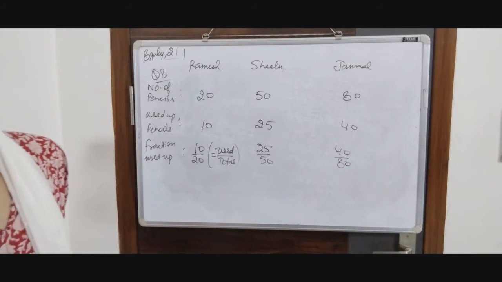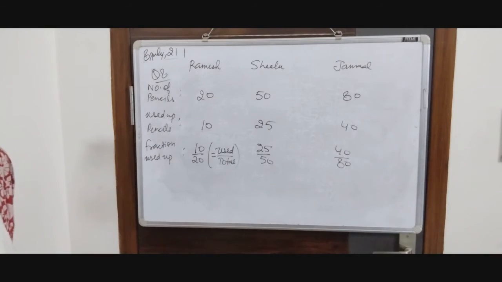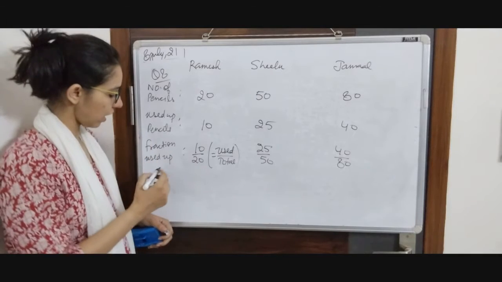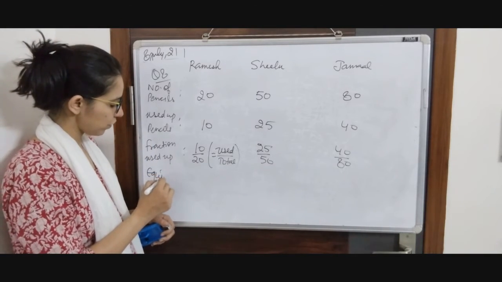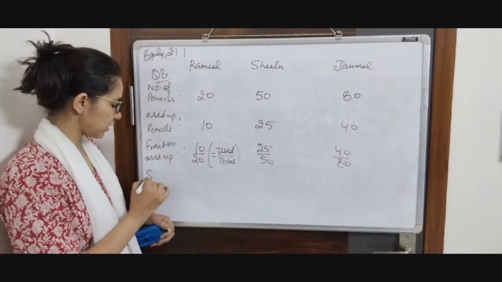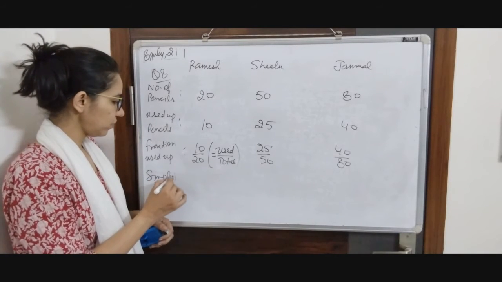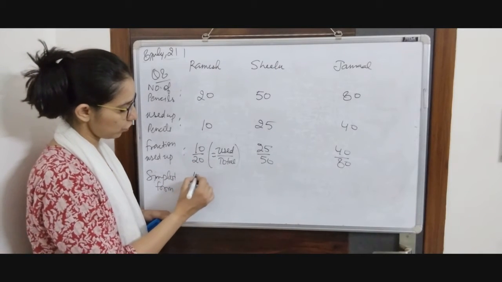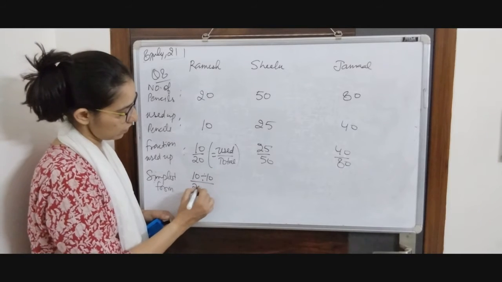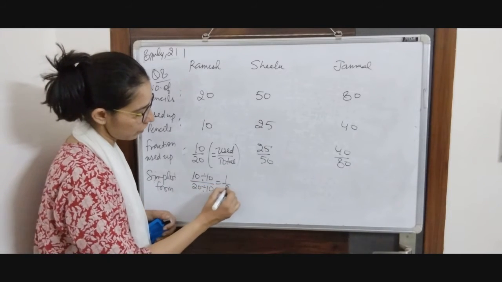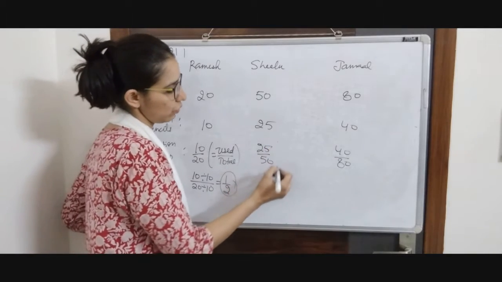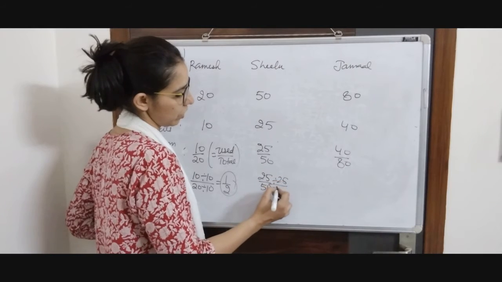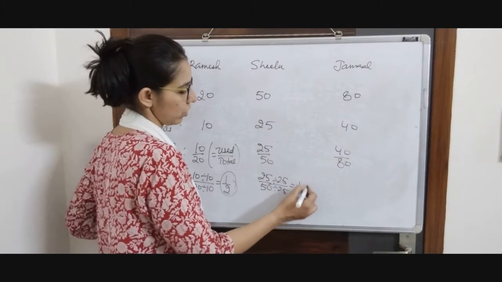So what do we have to find? Check if each has used up an equal fraction of his or her pencils. Now I want to check if they are equivalent or not, because they are asking us that. So we will find out the simplest form. I know that the HCF of the first is going to be 10, which is clearly visible. So the fraction is going to be 1 by 2. In the second we have HCF as 25, so we divide numerator and denominator by 25 to get 1 by 2.